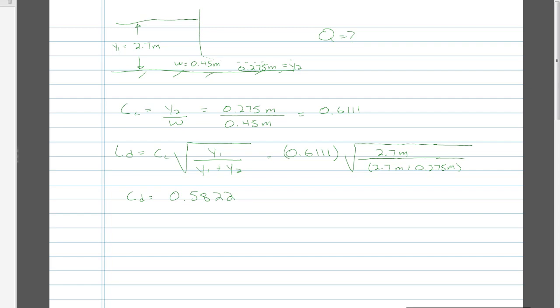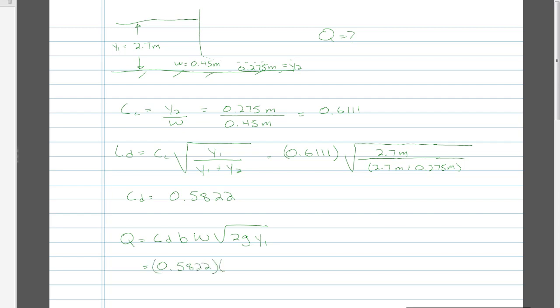So now we can put all of that into the gate equation. Q is C sub D, B, W, square root of 2g Y1, and that is 0.5822.